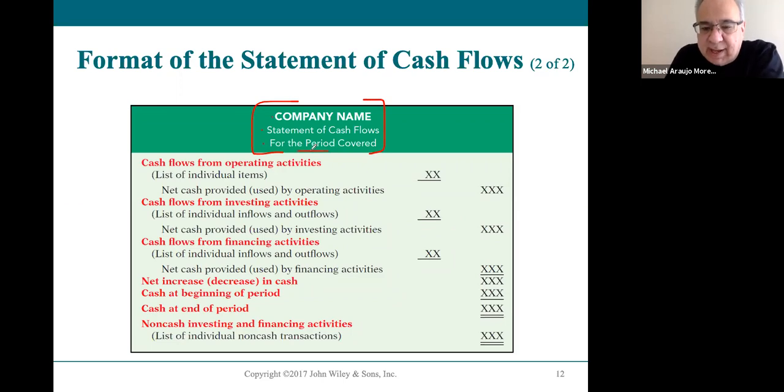Now notice that the cash flow statement covers a period of time, very much like the income statement or retained earnings statement cover a period of time. Except the cash flow statement is not subject to periodicity. And that's because the cash flow statement tells us about the cash, which in essence ends up on the balance sheet. So this is just a story of cash flowing in and out of the company.